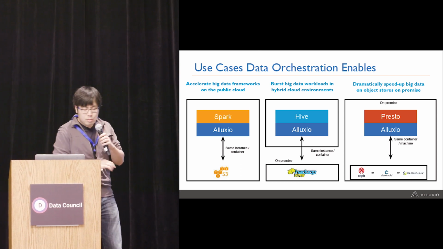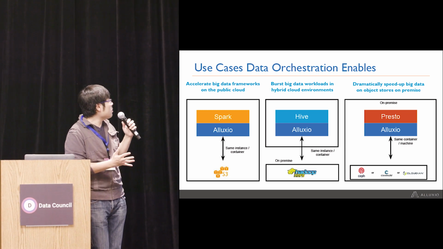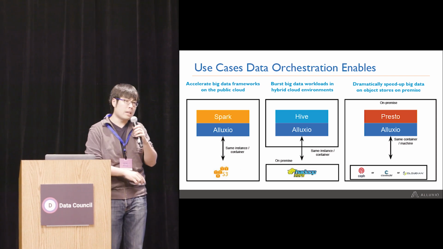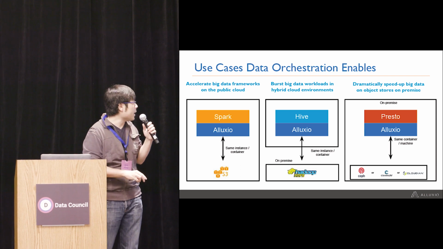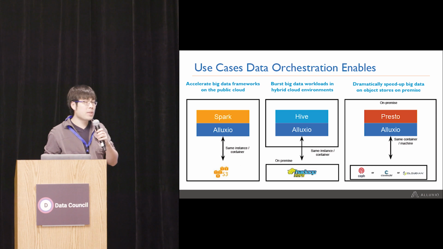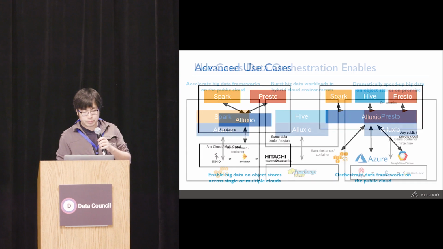And the last one is how you use a similar object store to replace your previous HDFS, for budget and cost saving. In this case, you can put this data orchestration layer there, co-located with workloads, and still get the same or even better performance.